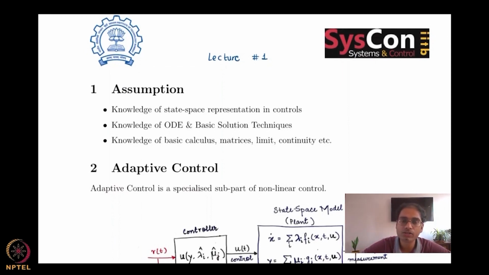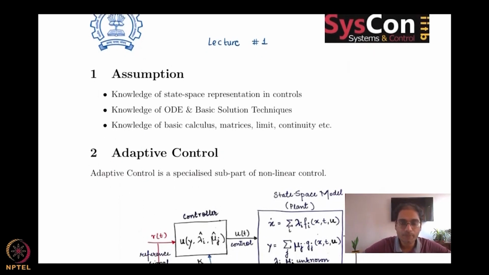The first level controls course is usually frequency domain, Laplace transform, root locus, and all of that. In the second level control course, typically you study state space representation, notions like linear systems, controllability, observability, and so on and so forth.